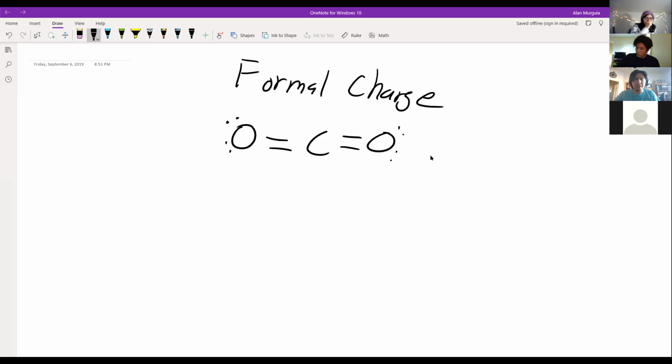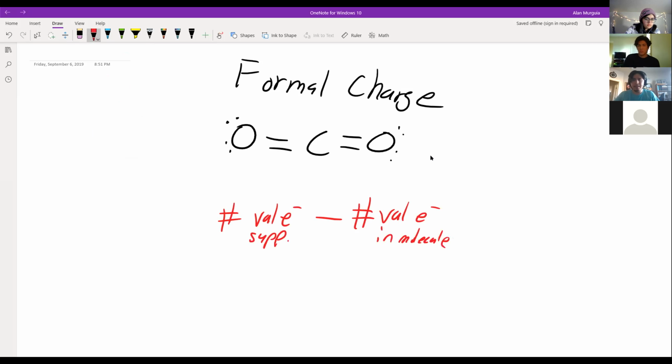So let me quickly change color here. The way we would calculate it is we would take the number of valence electrons that it's supposed to have, as the atom by itself, subtracted by the number of valence electrons that it currently has in the molecule. And what do I mean by that?